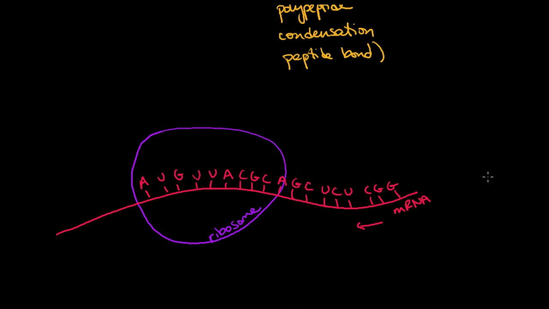That's my sequence. It would continue on, possibly. And as this mRNA sequence comes through, the ribosome is reading it. Now, while that's happening, we've got amino acids that are floating around in the cytoplasm. Now, I might be using some words that you do not remember, so I expect you to look these up.